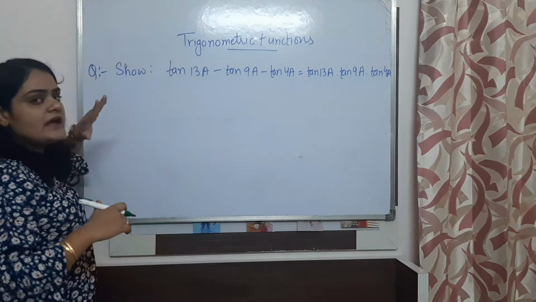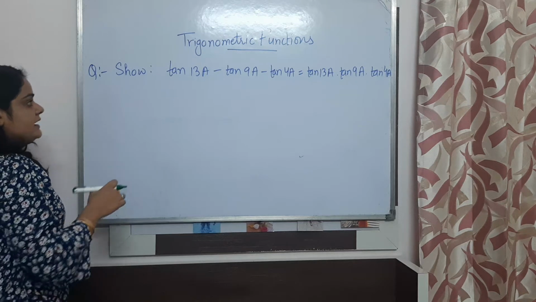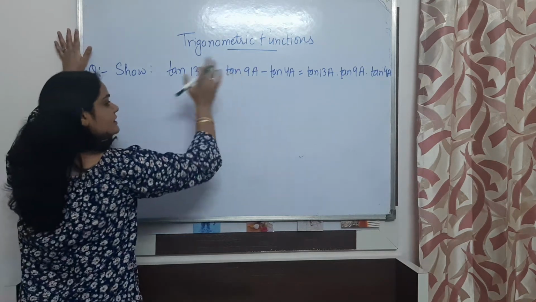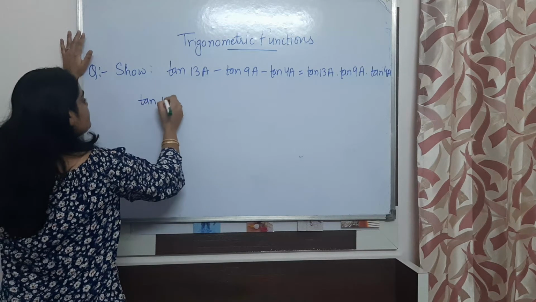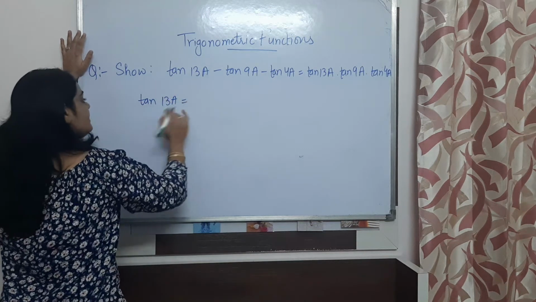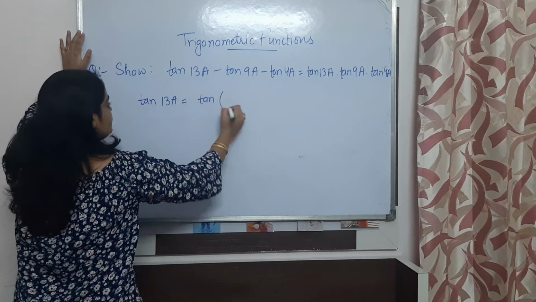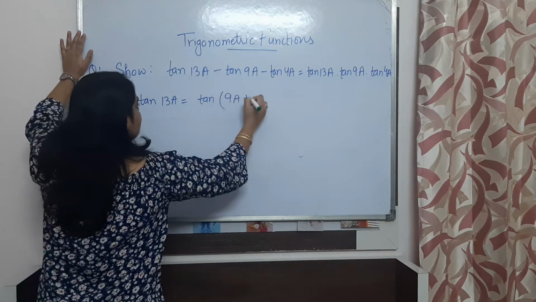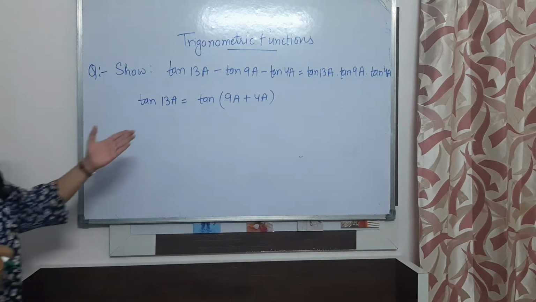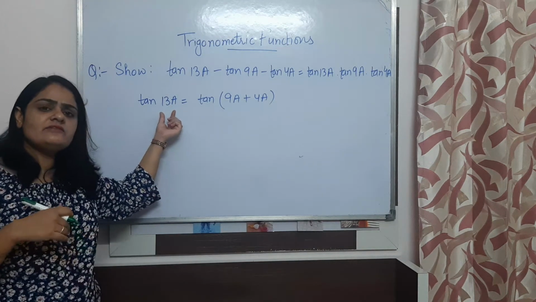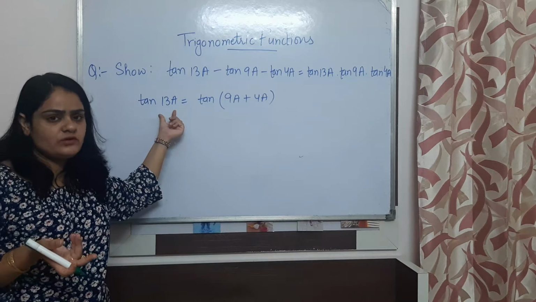Now in this type of question, what do we need to take? We need to take any of the trigonometric ratios with an angle. So I am taking 13a and segregating the angle as 9a plus 4a. Even I can write 13a as 11a plus 2a, because 11 plus 2 is also 13.